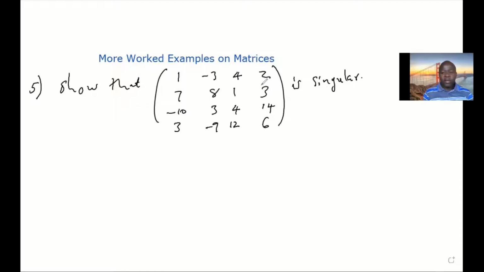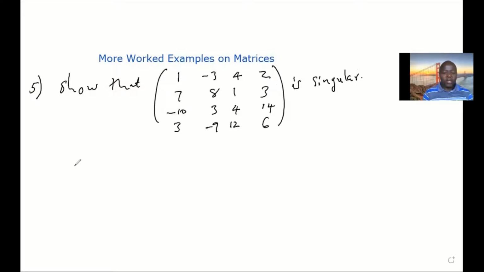A very important thing here is the word singular. You know what it means. The word singular means this is a matrix whose determinant is 0. So the question is saying, show that this matrix has a determinant of 0. For example, I could say show that it has no inverse. If it has a determinant of 0, then it has no inverse, because the inverse is 1 over determinant times adjoint.